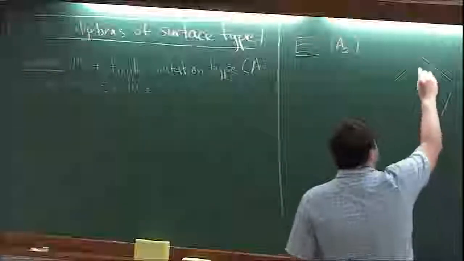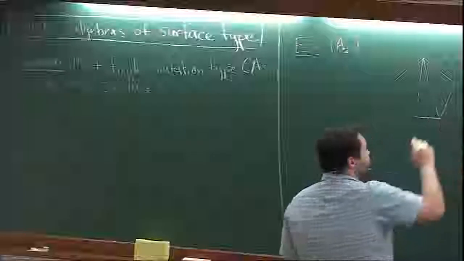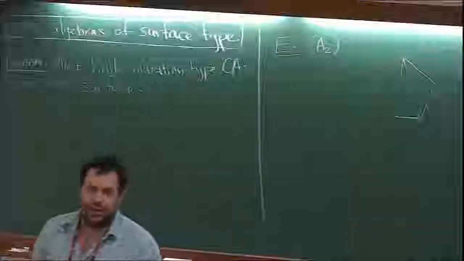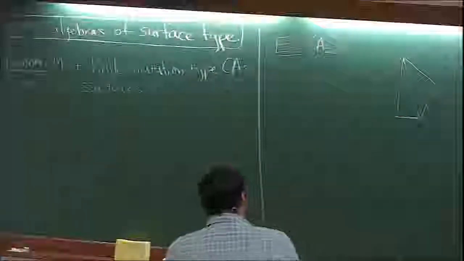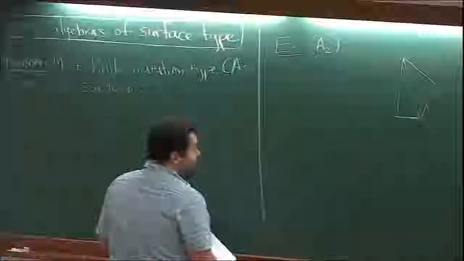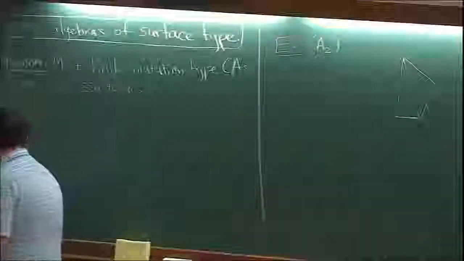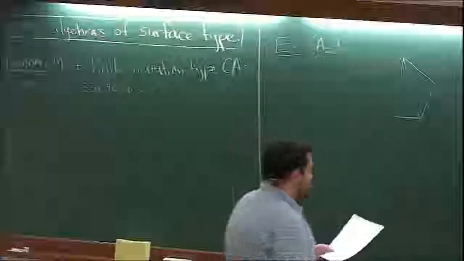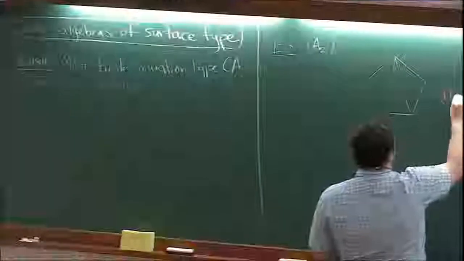Okay? So here's such a way to split this pentagon into triangles. And my process of mutation in this case is going to be flipping these diagonals. Okay, so I'm going to perform a flip.